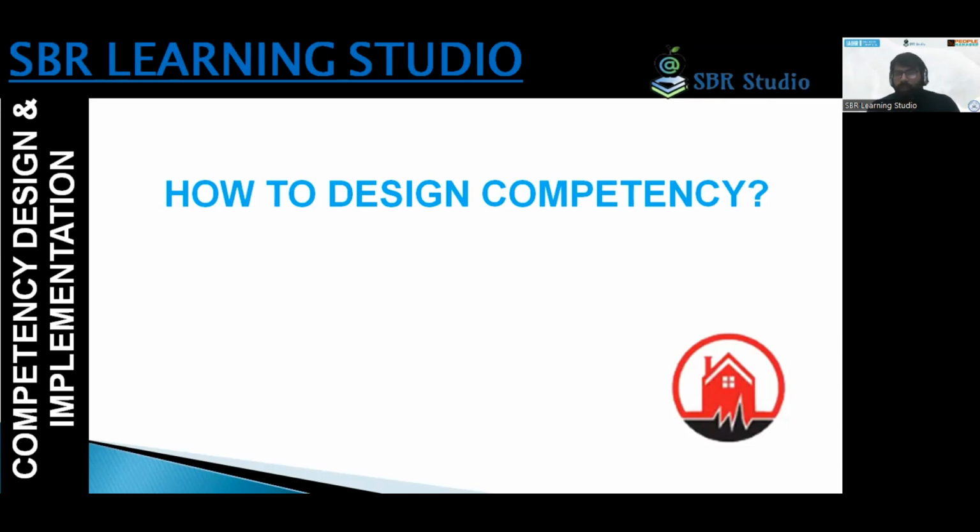Now just imagine you have these three perspectives in your mind, and you are documenting it on paper. Competency design or identification is not a one-time job, it is not just a one-day job. You have to reprocess multiple times, because before that you cannot be completely assured that it will be effective for your organization.